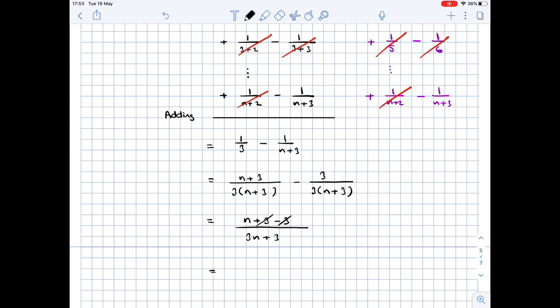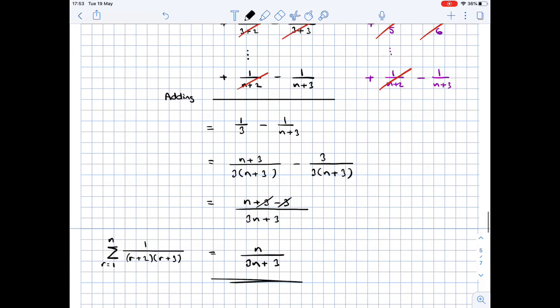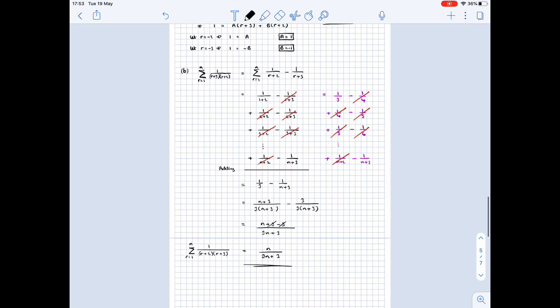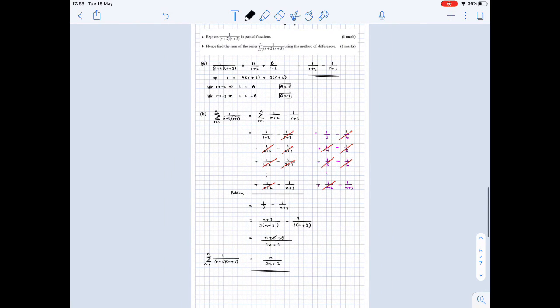The final step is just to write it out in a neat form, so we have n over 3n plus 9, and that is our answer. So our summation is equal to n over 3(n plus 3). And now you can see the whole question.